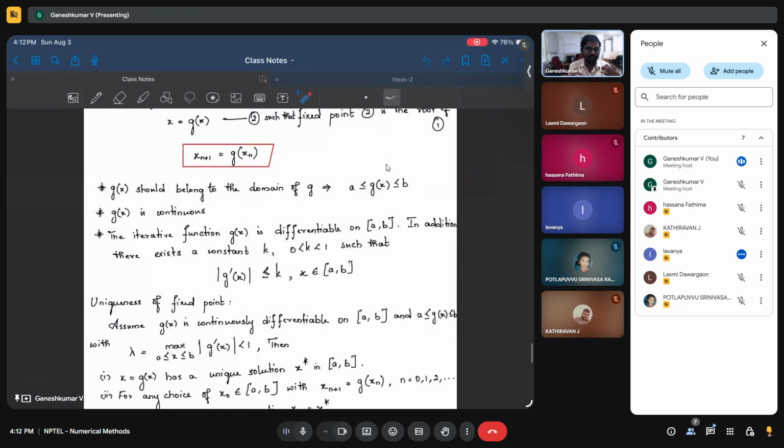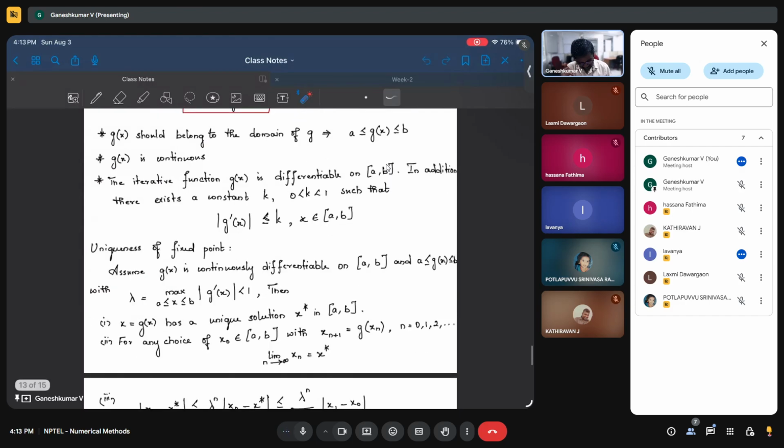So basically, we need to choose g of x, and g of x should belong to [a, b], and g of x should be continuous. So these are the criteria to choose g of x, and also it should be differentiable. If your function does not qualify for any of this, then you won't be able to get a solution.